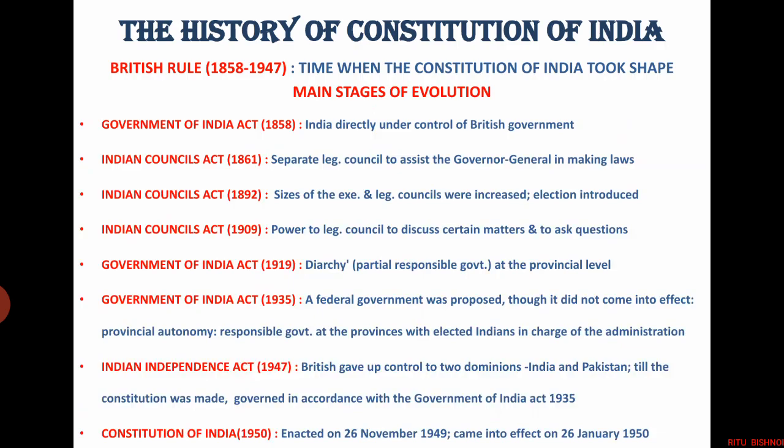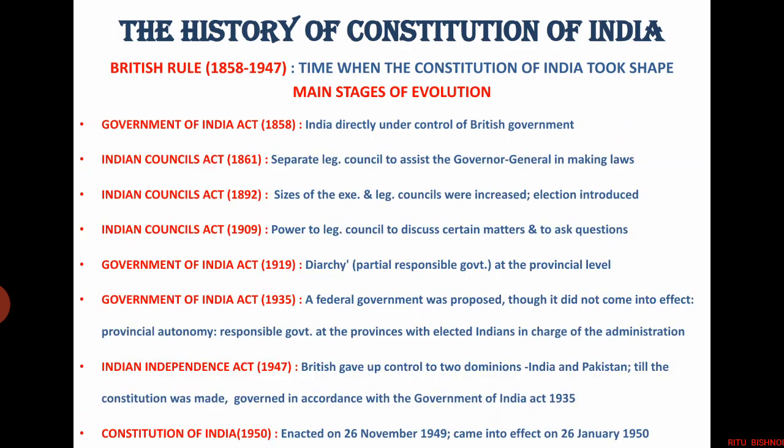The Act of 1909 introduced separate electorates for Muslims. After that, the Government of India Act of 1919 introduced dual government. The Government of India Act of 1935 introduced provincial autonomy, that is, responsible government at the provinces.